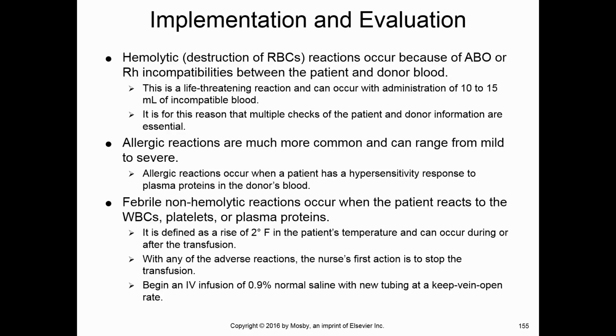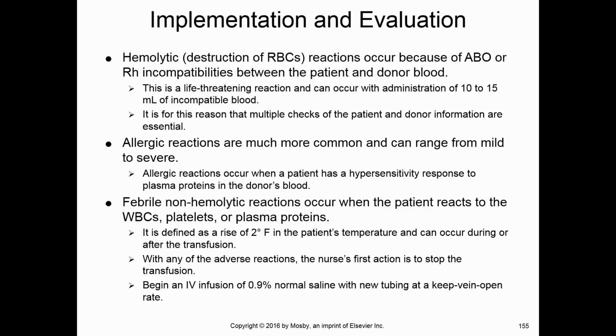Okay, so a hemolytic reaction is we've given the wrong blood to the wrong person, and like we talked about in class today, that causes a hemolysis or a destruction of red blood cells because our antigens don't recognize the antigens in the blood, so we need to make sure that we give the right blood to the right patient.